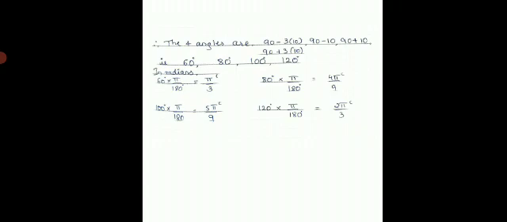We have to multiply the degrees by pi by 180 degree. For each angle, we get the values as pi upon 3 radian, 4 pi upon 9 radian, 5 pi upon 9 radian and 2 pi upon 3 radian respectively.